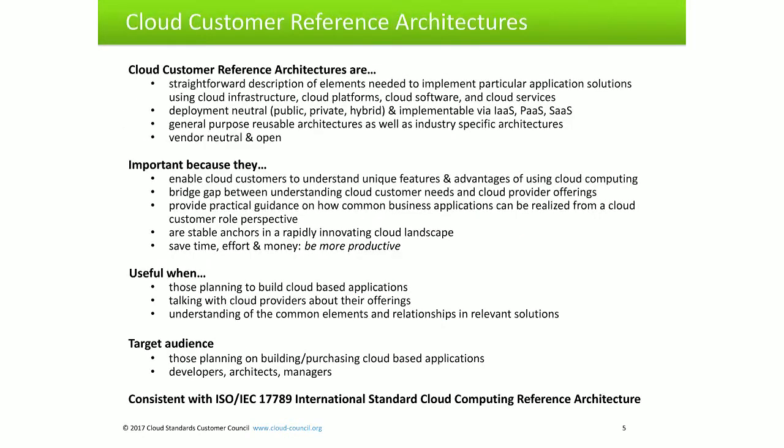These reference architectures are straightforward descriptions of elements that are needed to implement application solutions using cloud infrastructure, cloud platforms, cloud software, and cloud services. They're deployment neutral, using public, private, or hybrid cloud environments, and are meant to be implemented using infrastructure, platform, or software as a service. The target audience for these papers are those who are planning to build or purchase cloud-based applications.